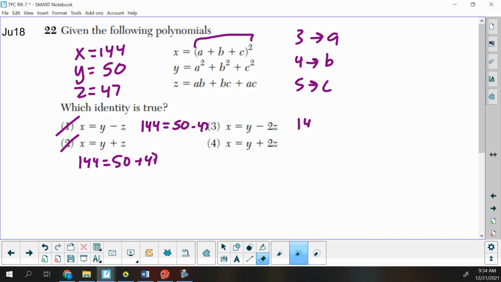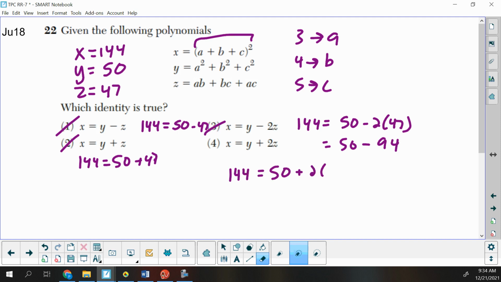Next we'll have 144 equals 50 minus 2 times 47. Well, that's going to be 50 minus 94, which is going to be a negative number, so that's not 144. So hopefully the last one checks out. So 144, we want to know if it's 50 plus 2 times 47.